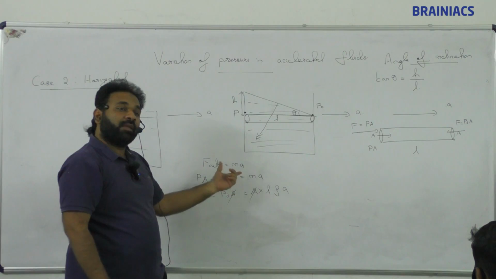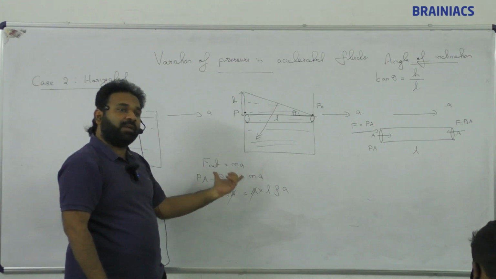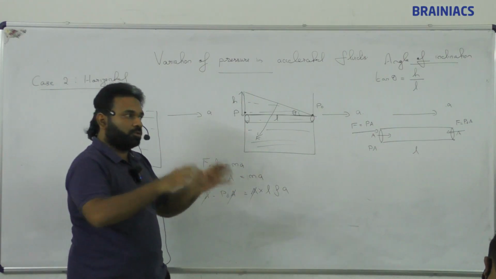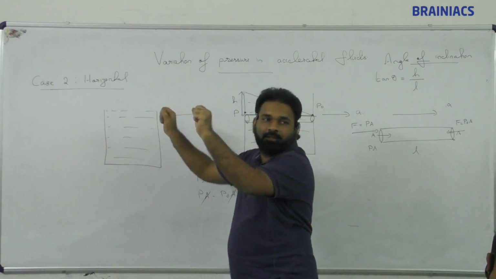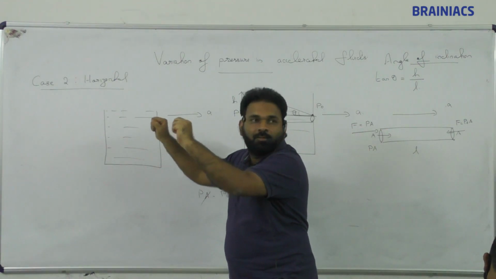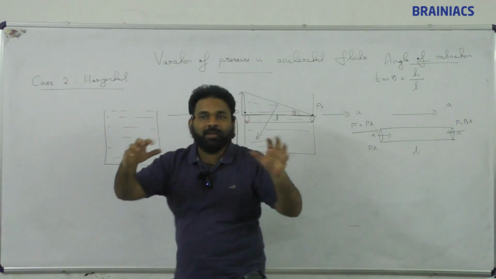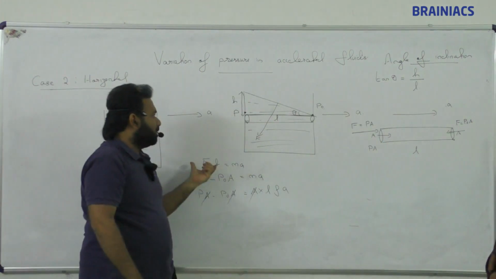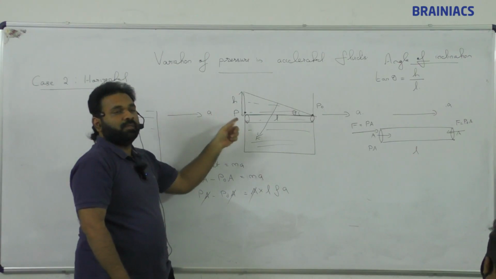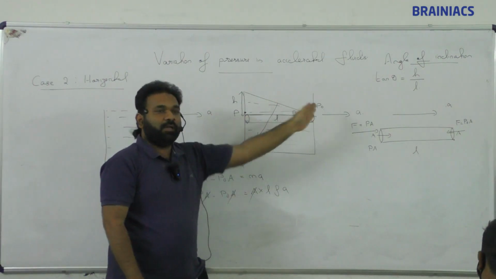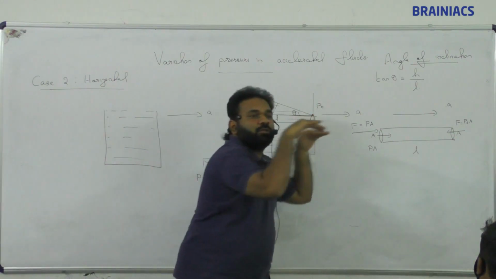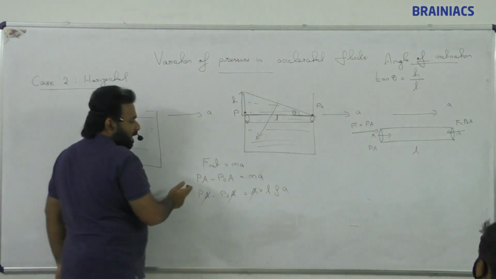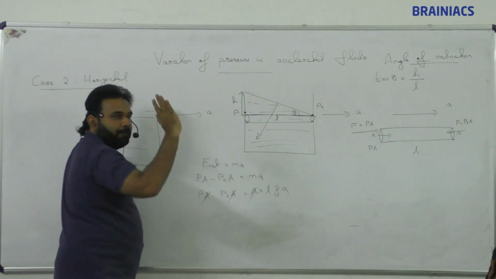F net is equal to MA. Like two strong men pulling, the one who can exert more force will definitely win. So here this side PA is more, and acceleration is going in that direction. So PA minus P naught A is equal to MA.